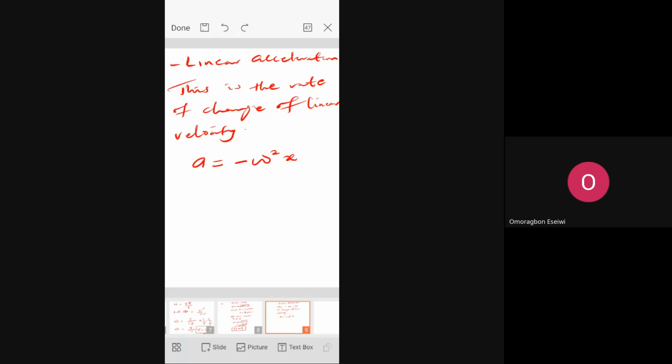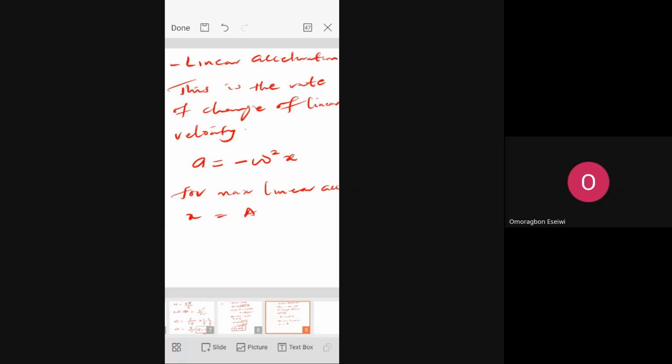All right. So for maximum linear acceleration, let me just write ACC. For maximum linear acceleration, we have that our x, of course, is equal to what? The amplitude. So anytime you hear maximum, the displacement there is going to be the maximum displacement.